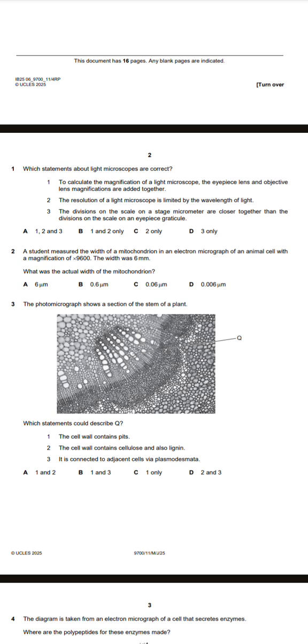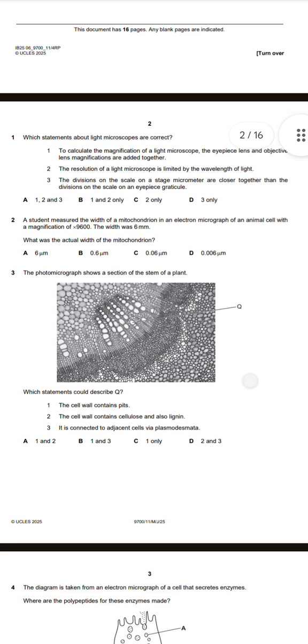Option 2: the resolution of a light microscope is limited by the wavelength of light. That is correct because, generally, the smaller the wavelength, the better the resolution. But light doesn't have a wavelength small enough to be comparable to the size of the components of the cell, so a lot of the components can't be visualized with the light microscope.